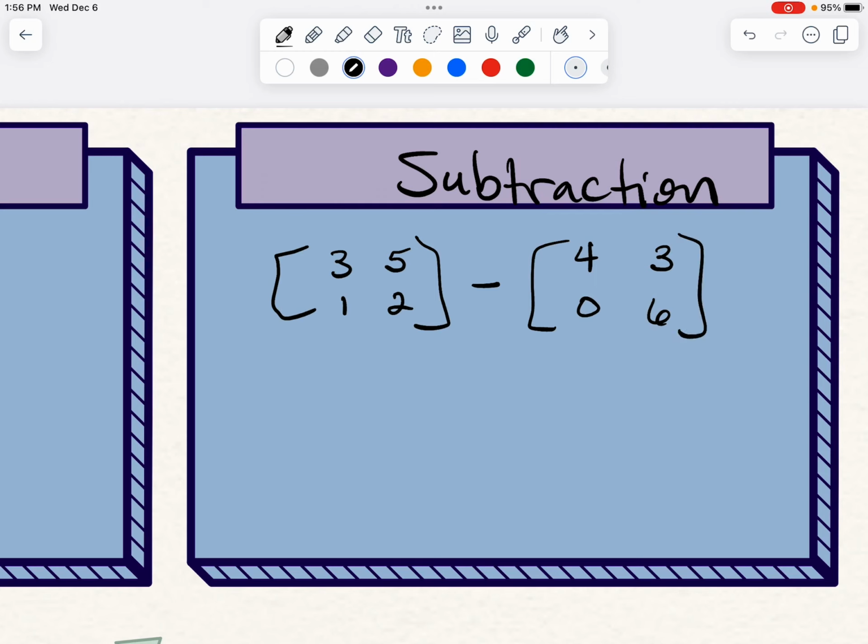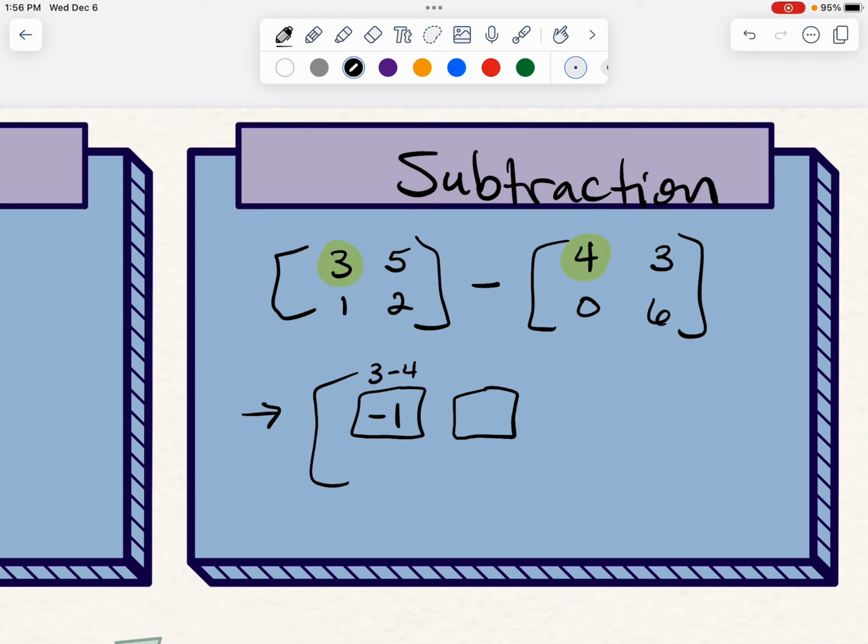We're looking at the same type of operation here, but this time we are subtracting in between the matrices. So we're going to take 3 and subtract 4. In the first location, 3 minus 4 gives us a negative 1.